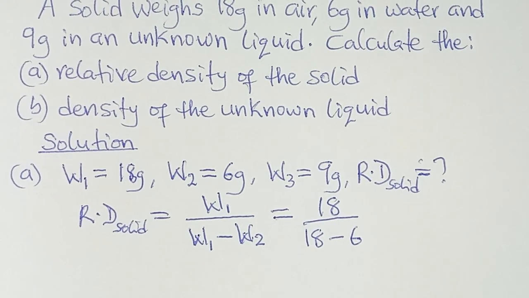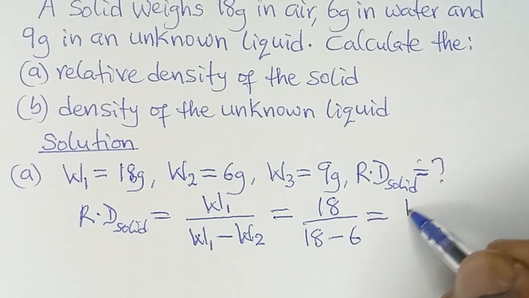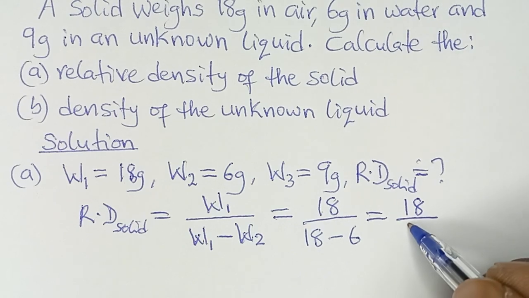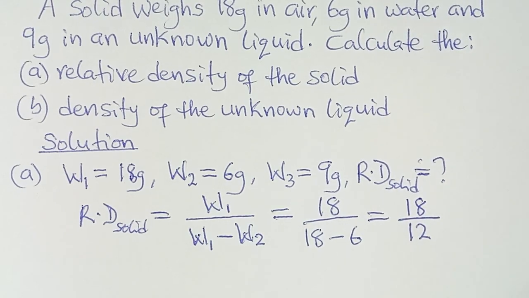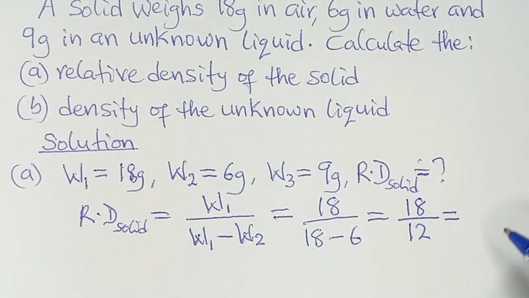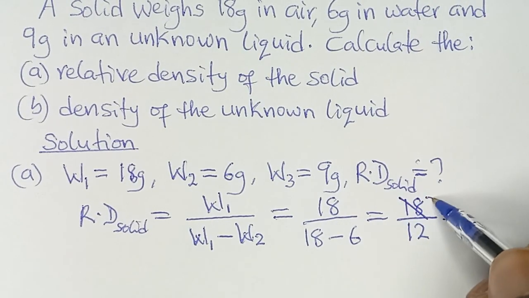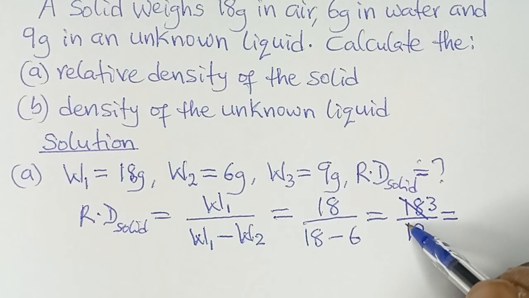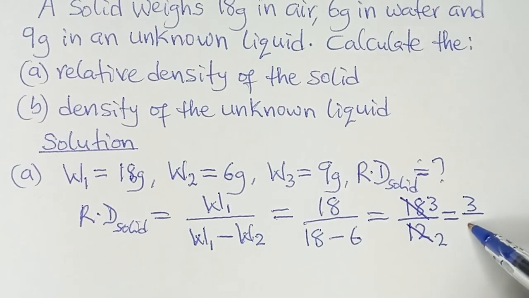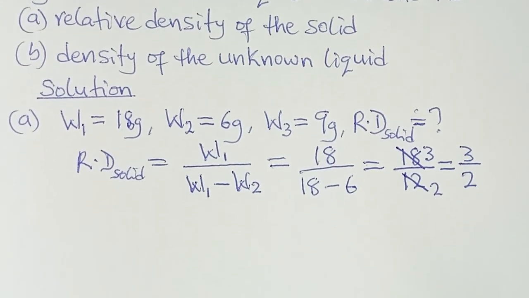And then we can work further with that and say 18 all over 18 minus 6 is 12. And in its lowest term, 6 in 18 is 3 times, and 6 in 12 is 2 times. So we have 3 over 2.